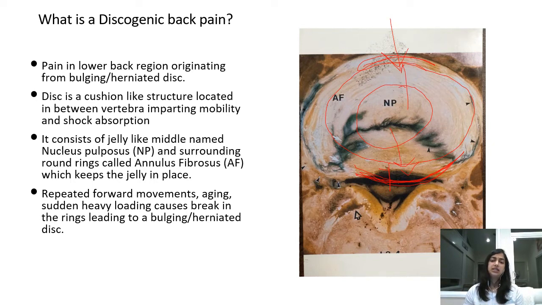The other reasons are sudden strain or heavy loading, which causes the rings to give out because they weren't ready to absorb that much shock. Also, regular age-related degenerative changes can change the composition of the annular rings as well as the jelly, making it more susceptible to bulging.